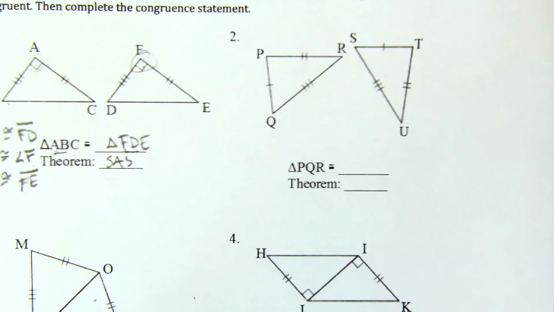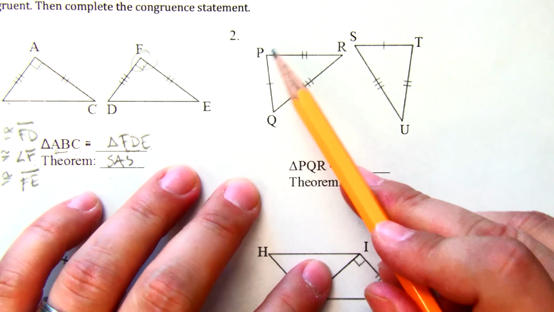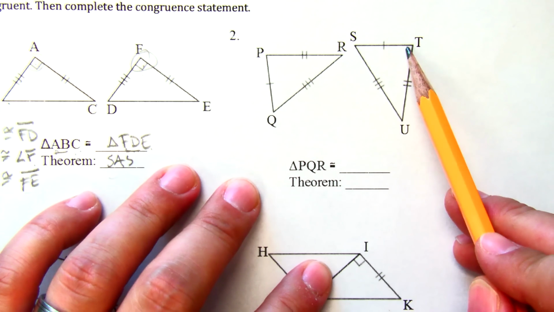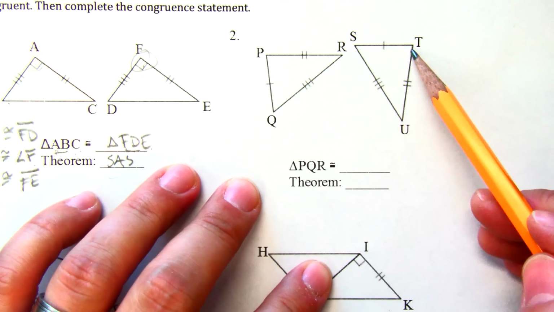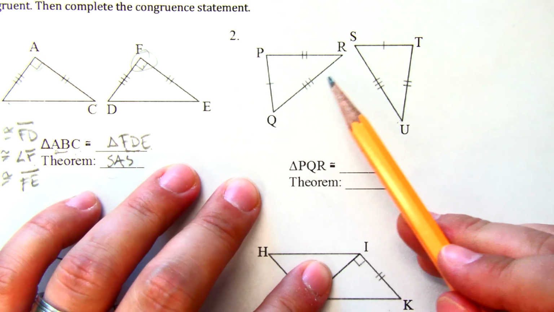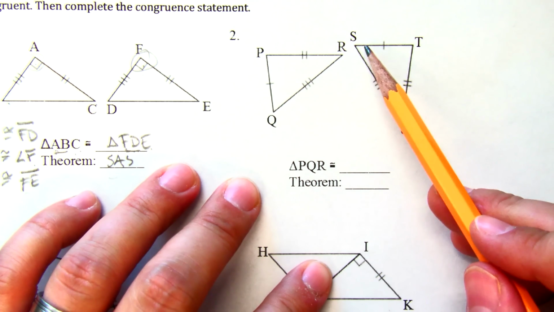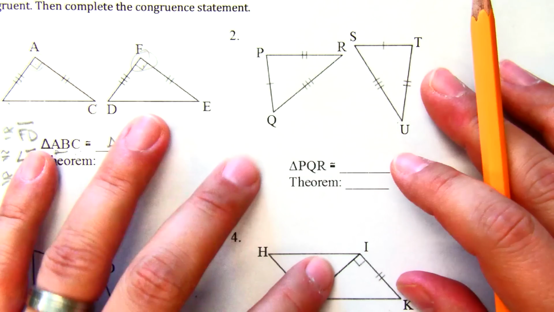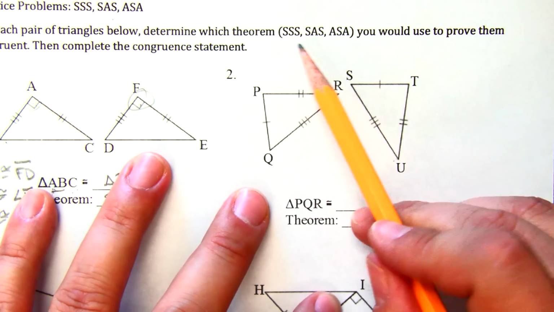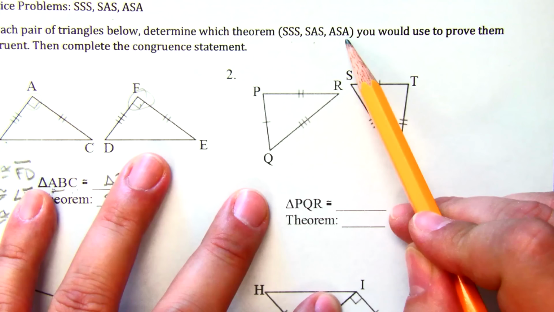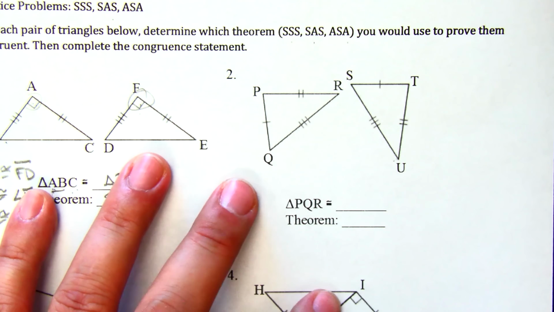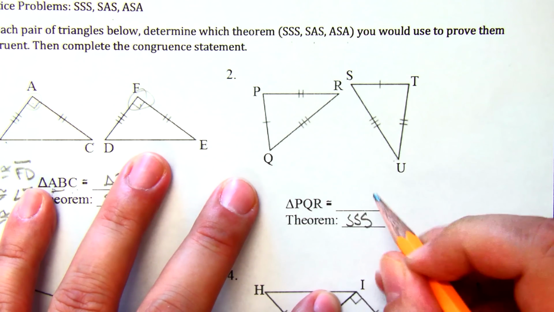Okay, PQR. Well, I've got PQ is congruent to ST. I've got PR is congruent to TU, and I've got RQ is congruent to US. Okay, well, I've got three pairs of sides. If my only choices are side, side, side; side, angle, side; and angle, side, angle, I've got three sides congruent. It's got to be side, side, side.